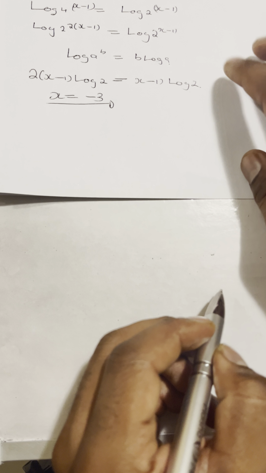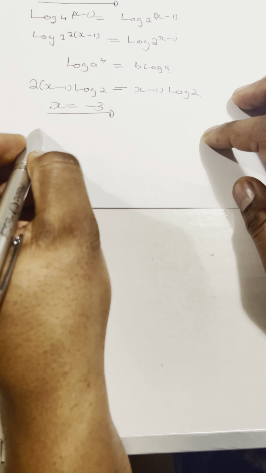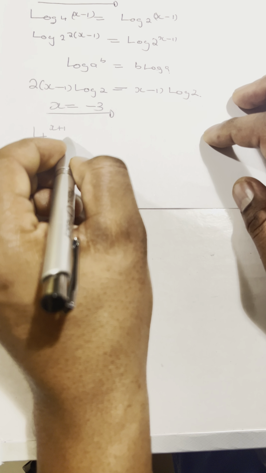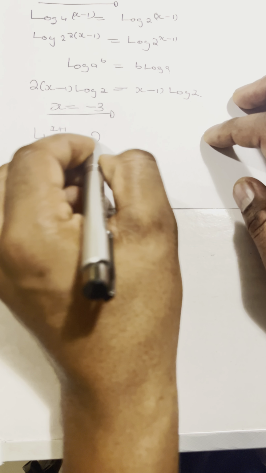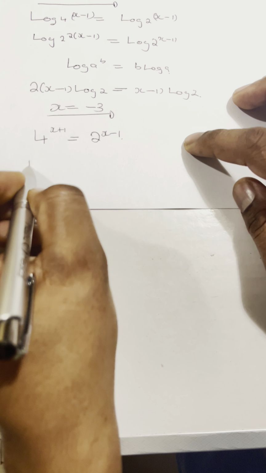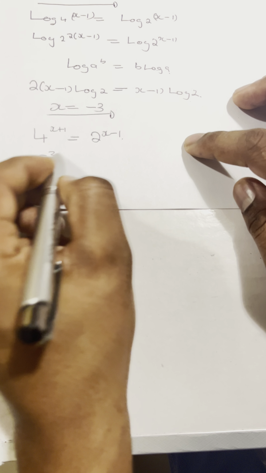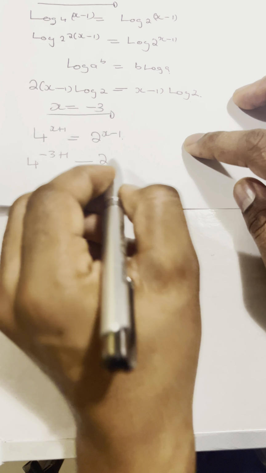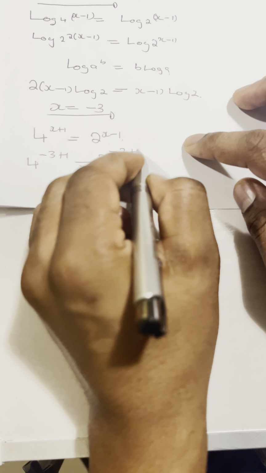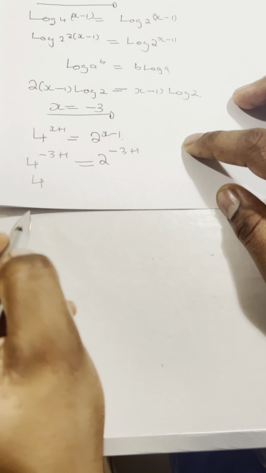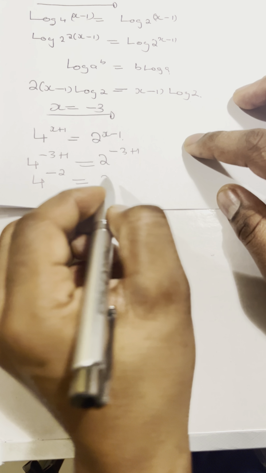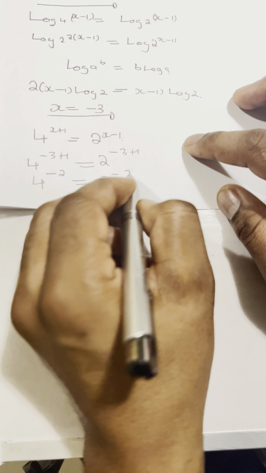Let's now prove. Then prove 4^(x+1) = 2^(x-1). All right. We're going to say 4^(-3+1) = 2^(-3-1). So 4^(-2) = 2^(-4).